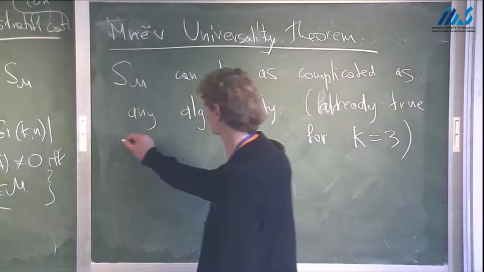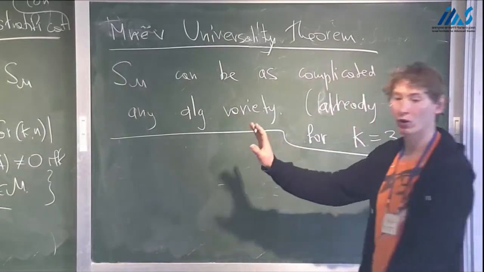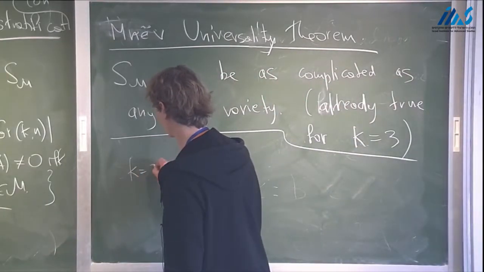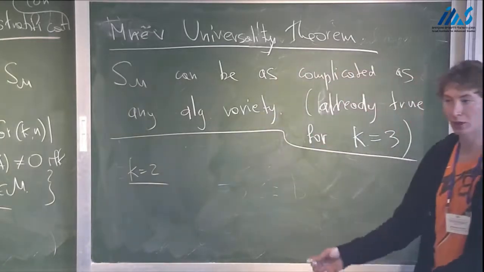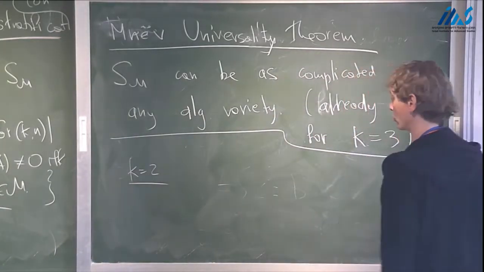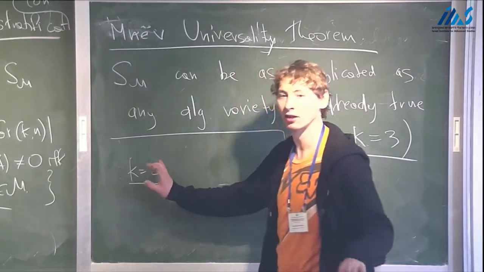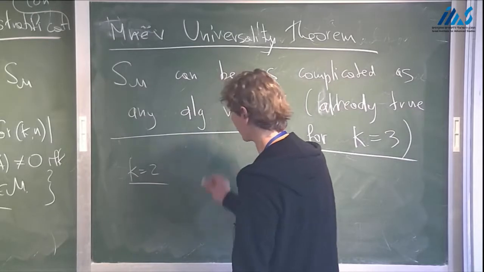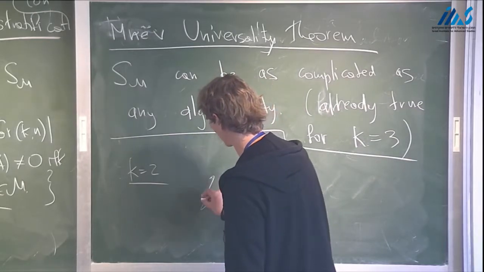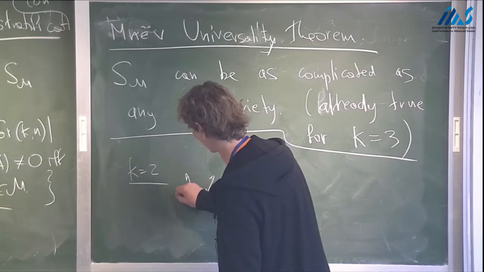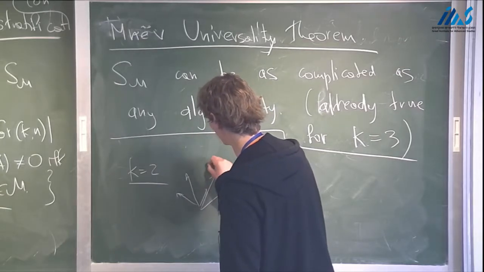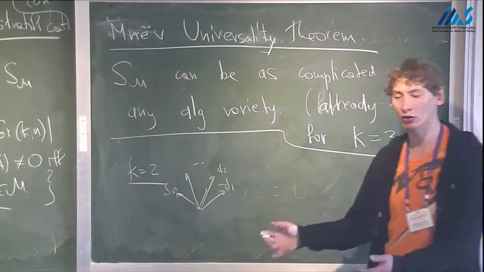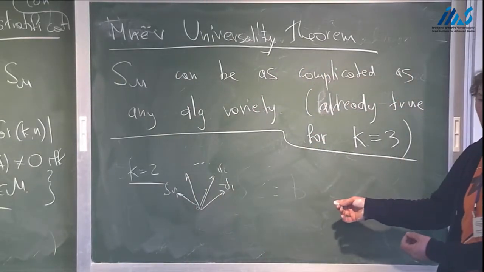Let me say a few words on why this is true. Let me start with k equals 2. Remember, for k equals 2, life is not so hard. Basically, we have a two-dimensional plane, and we have a bunch of vectors v1, v2, up to vn on the plane, and you see what the possible linear dependencies between these vectors are.